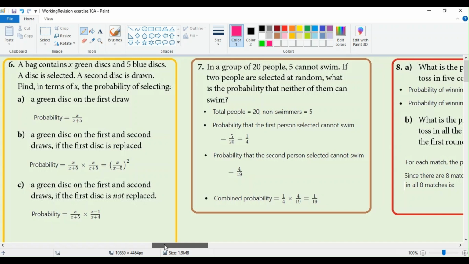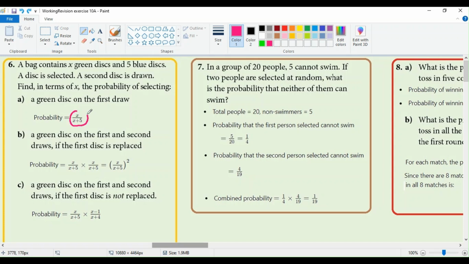In question number 6, it says a bag contains x green discs and 5 blue discs. A disc is selected, a second disc is drawn. Find in terms of x the probability of selecting a green disc on the first draw. So green discs, we have no idea how many there are, so x, and x divided by x plus 5 as the total.